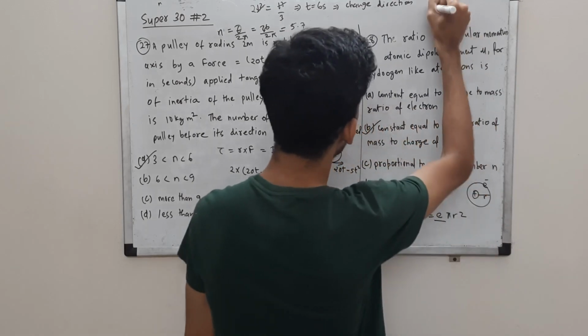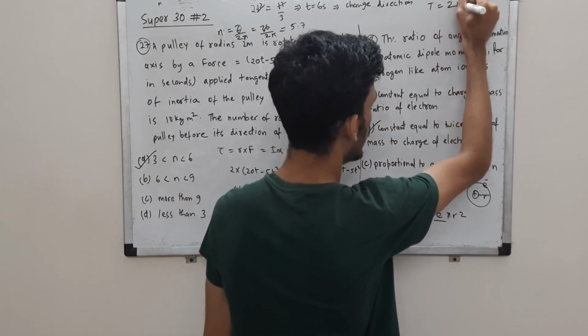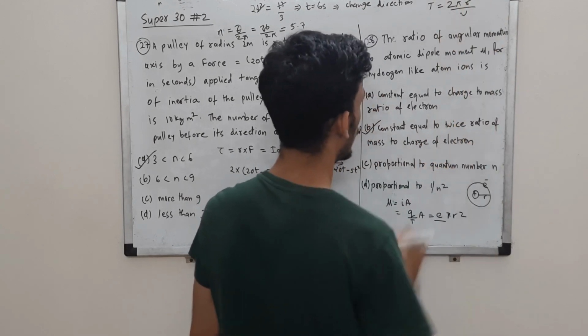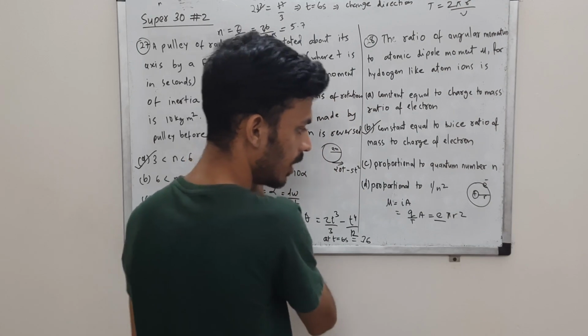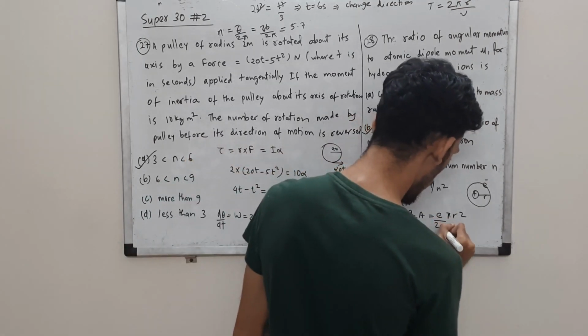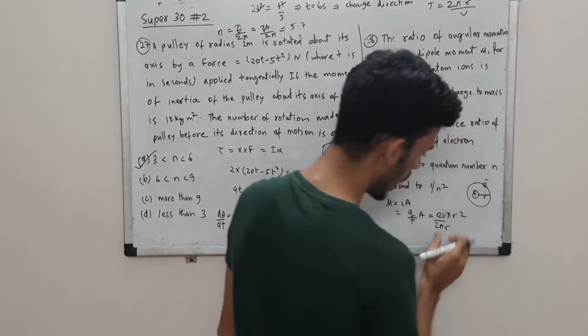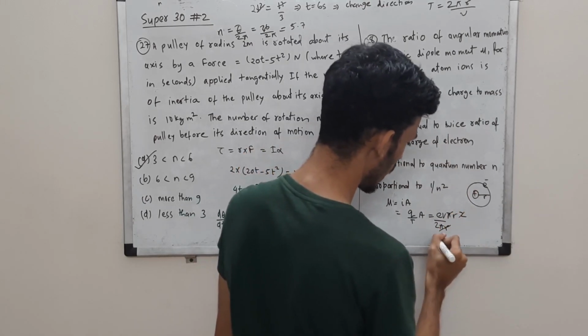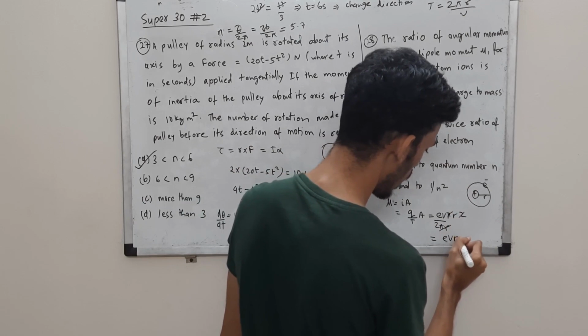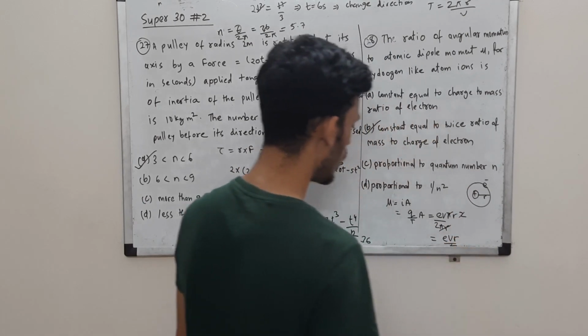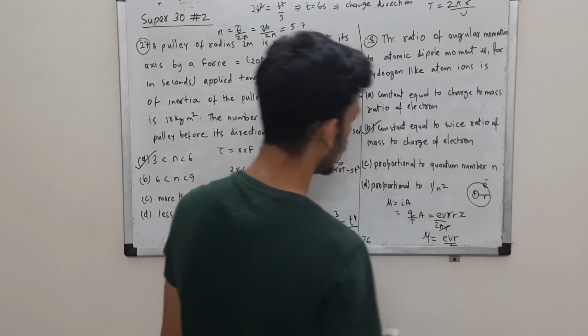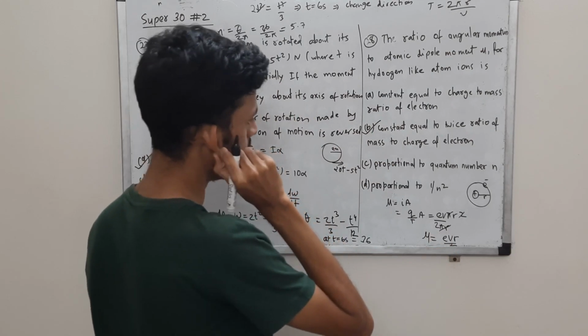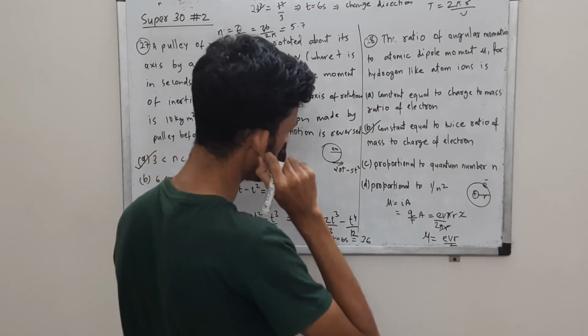The time will be the distance, which is the circumference of the circle, divided by velocity, 2 pi r by v. So the current is e times v by 2 pi r, so pi and r will get cancelled. So we have evr by 2. evr by 2 is your dipole moment. Now we want angular momentum, which is mvr, right?